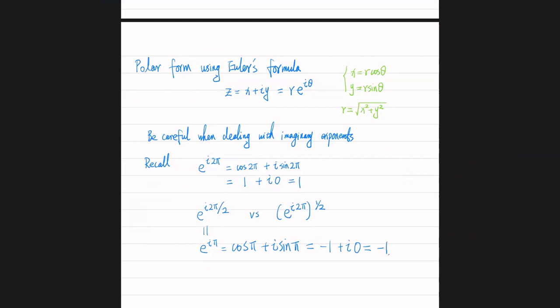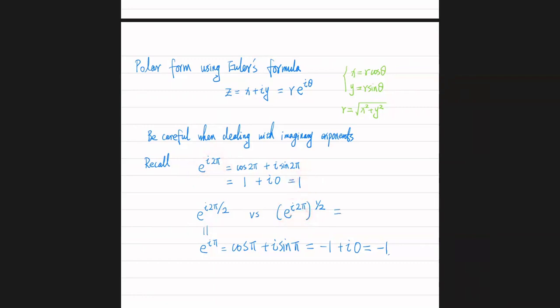Okay, and Jessica, what about this one? How do we evaluate this? We can start with the interior. What's the interior? It's e^(2πi), which is 1, as we computed before.